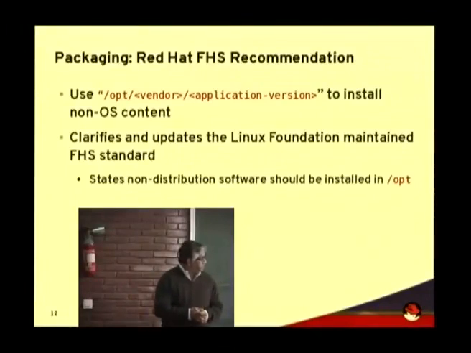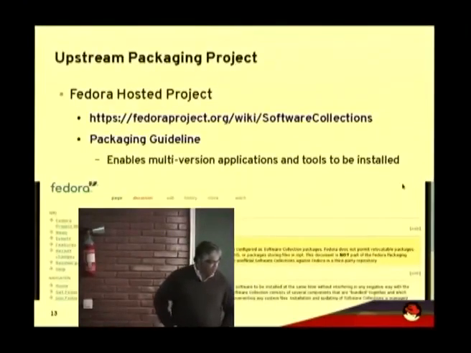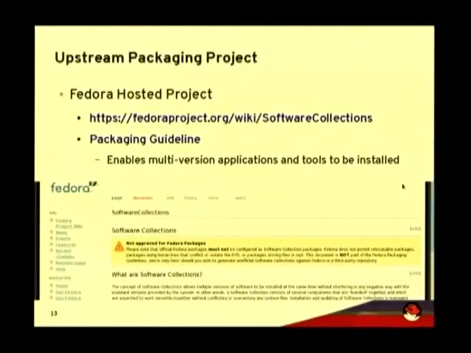So one of the things that we did last year was we created a set of guidelines based on this, essentially the file system hierarchy part, and some work on RPM. So in the Fedora hosted project, we created a software collection packaging guideline that allowed us to install as many versions of as many applications as we felt like.